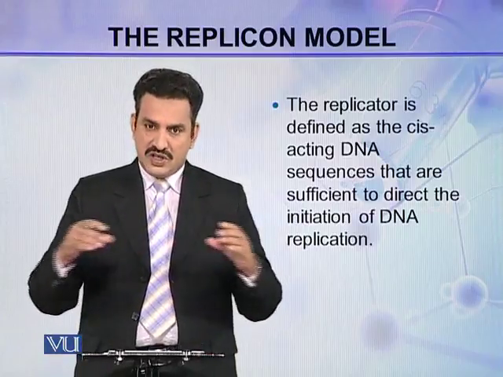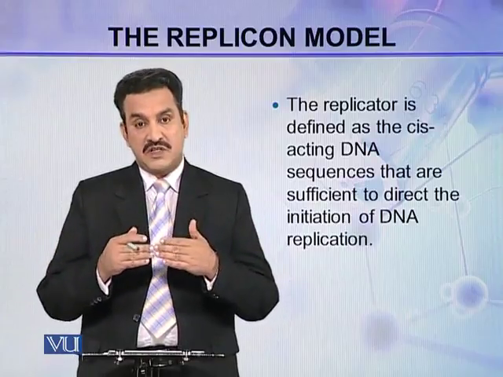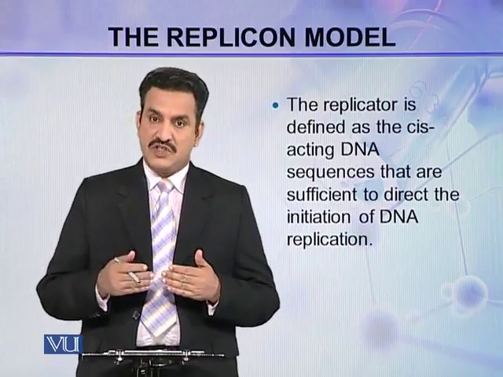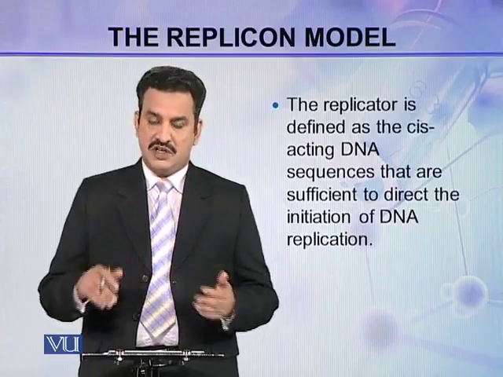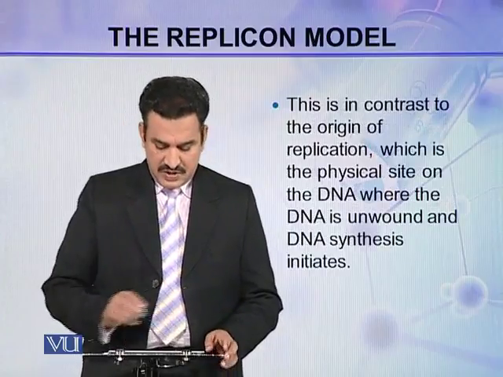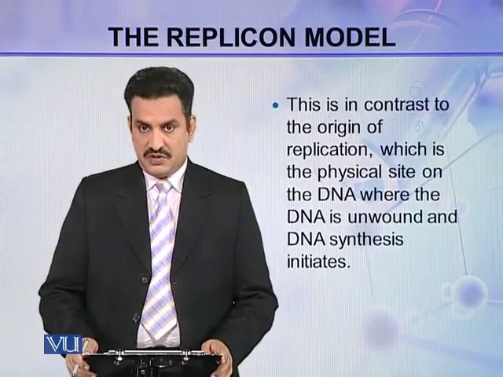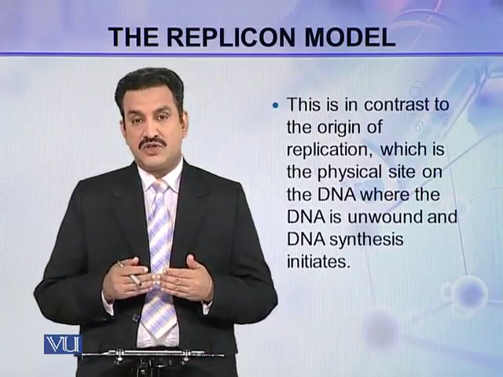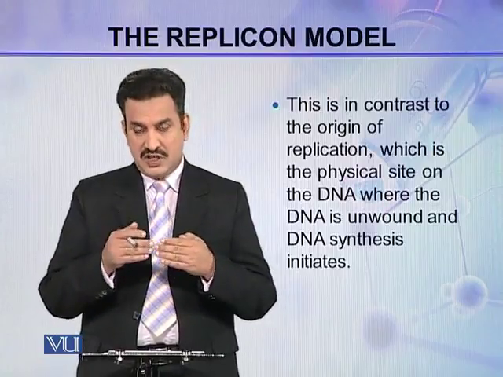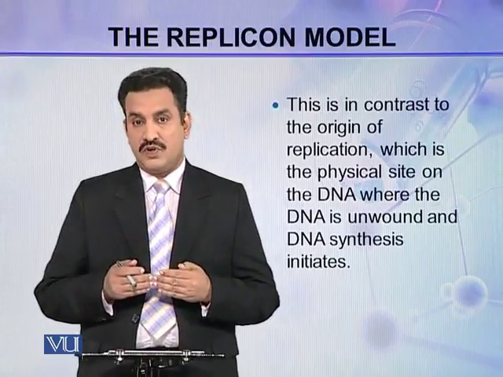So along the DNA molecule there are some specific sequences which start the replication initiation. This is in contrast to the origin of replication. So this DNA sequence is not the origin of replication.